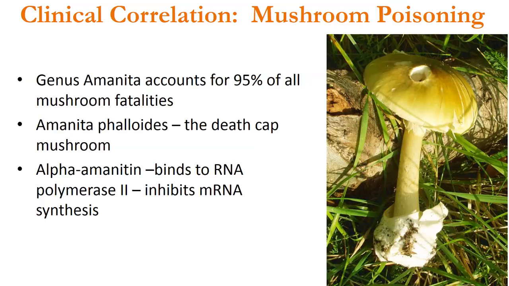So in the case of Amanita poisoning, really the only cure for this is to have a liver transplant. When you're studying this, I want you to know alpha-amanitin, and I want you to realize the specific RNA polymerase it inhibits, and you should also know that RNA polymerase II makes messenger RNAs.